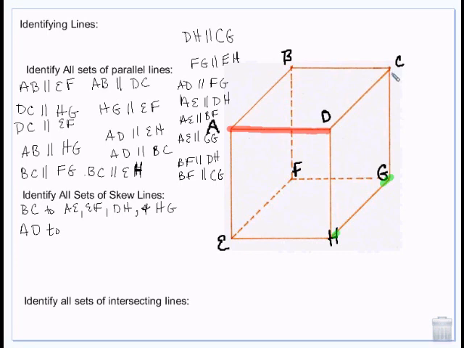So that means that these edges don't intersect and aren't parallel, right? So that would be BF, EF, HG, and CG.